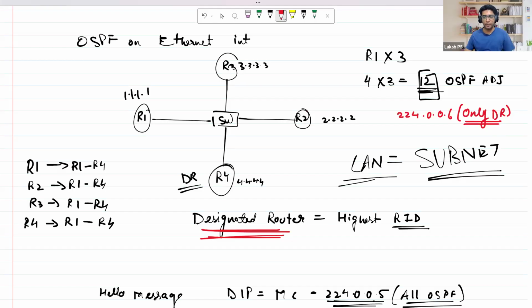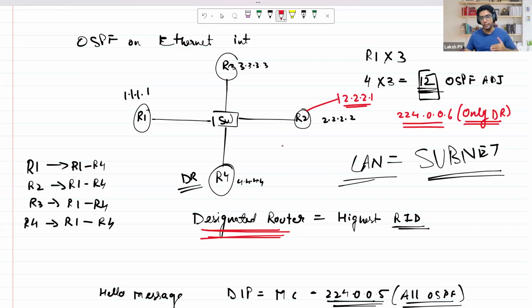So when I add a new network 2.2.2.1, R2 will send this update to the multicast address 224.0.0.6, which will be heard and understood by the DR only.